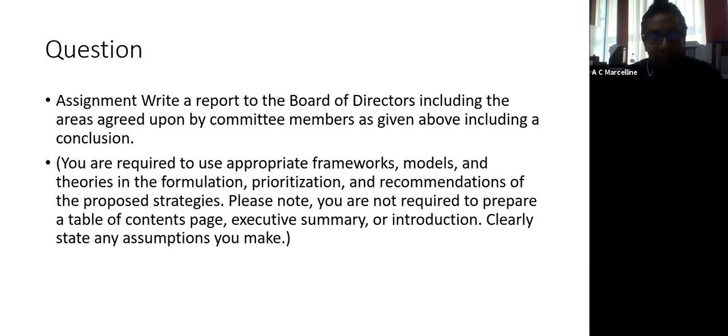That's what is required. And don't only give the problems, give solutions. Don't go to the board of directors without solutions. Go with solutions. You need to inform them of the problems, but give alternatives. Now that's where the alternatives come in. That's why they're asking for prioritization.